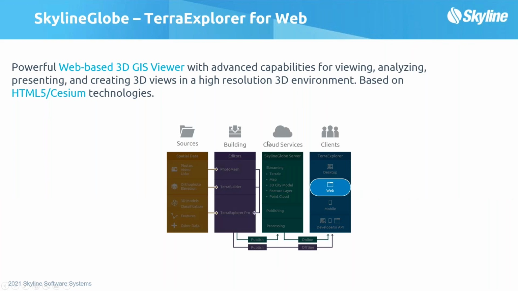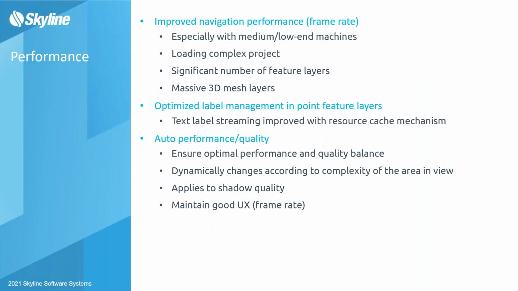So if we take the same architecture, that's our powerful web-based 3D GIS viewer. And so after we did the cloud services part, this is what we're covering right now, the web side of TerraExplorer for Web. And we will go over the new features in version 7.3 for TerraExplorer for Web.